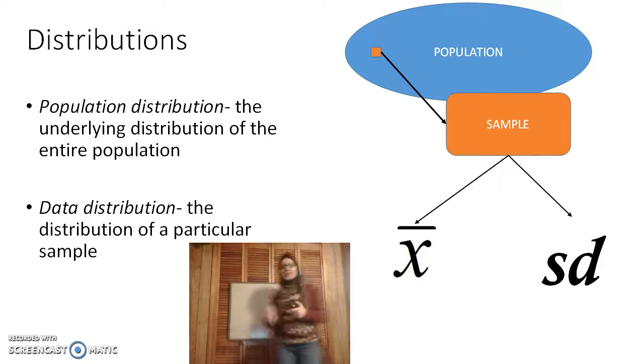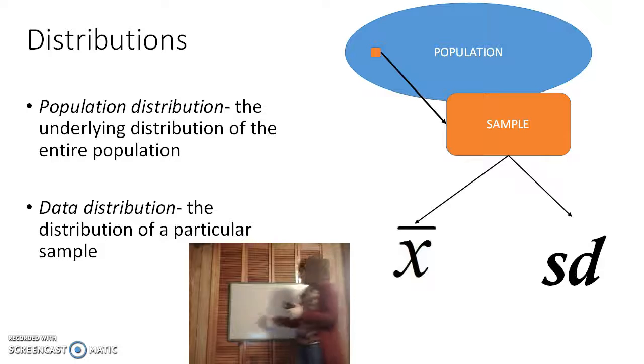So we can get a sample and the distribution can be bell-shaped. We've talked a lot about bell-shaped data. We can have data that maybe clusters in two areas, so maybe it's bimodal.